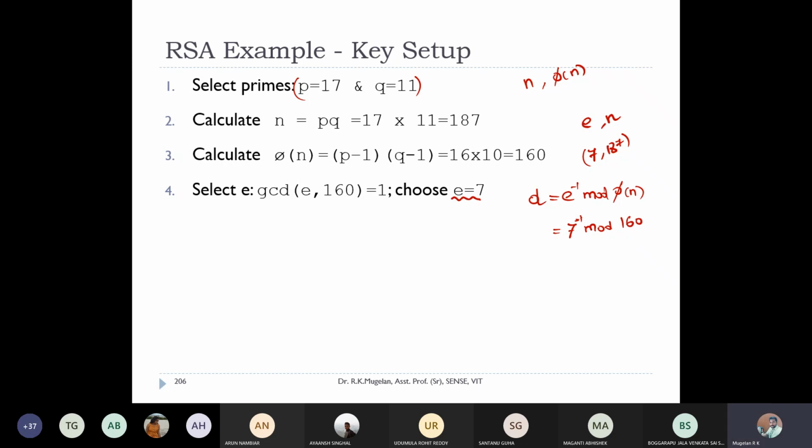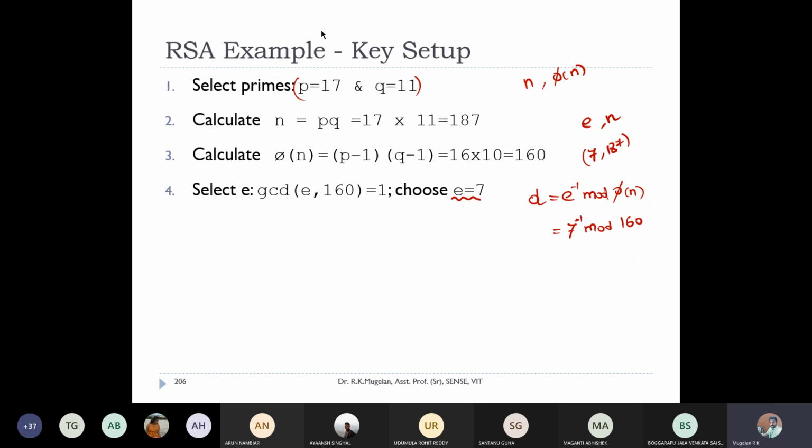So can you tell me the multiplicative inverse of 7 under 160 in the chat box? We can't use Fermat's theorem because your modulo operator is even, it's not a prime number.